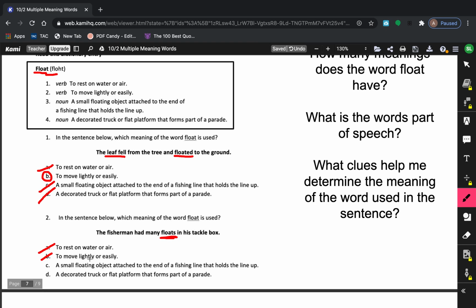Looking at definitions 3 and 4, I infer that it has to be definition 3 because it says a small floating object attached to the end of a fishing line that holds the line up. And here it says the fisherman had many floats in his tackle box. These things were kept in his tackle box, and a fisherman would need them in order to go fishing. So I'm going to go with definition 3, which is C, and I'm going to eliminate D.